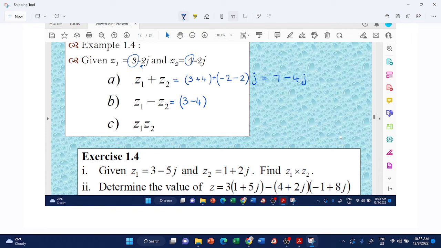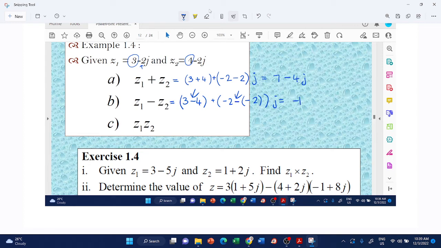And we got here minus 2 minus, negative 2 minus minus, put bracket. 2 minus minus 1, simplify, then you can use your calculator lah.